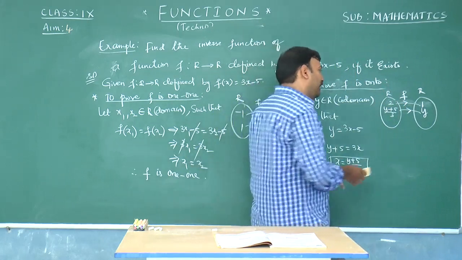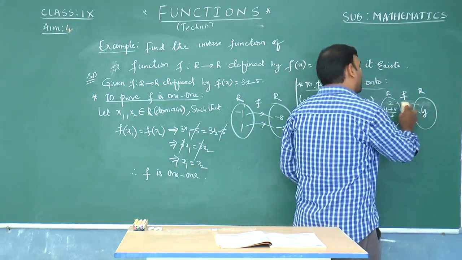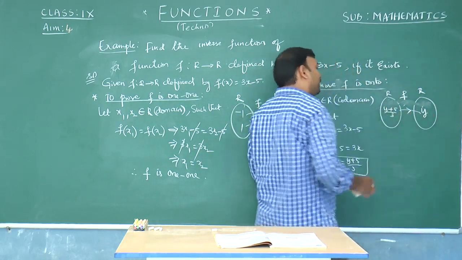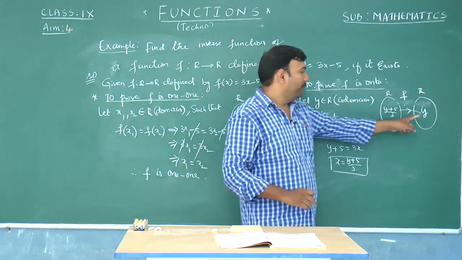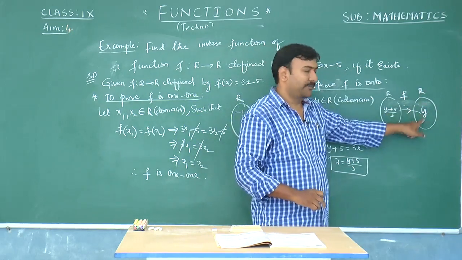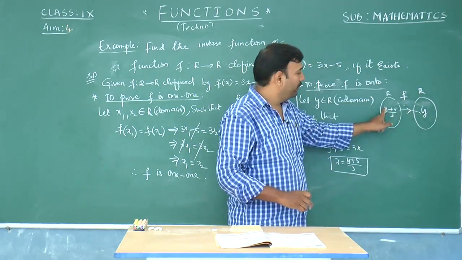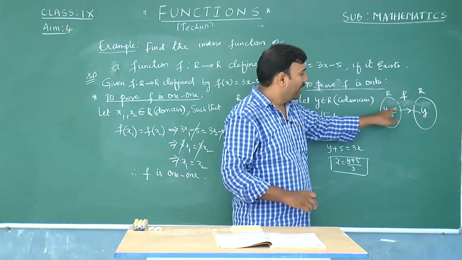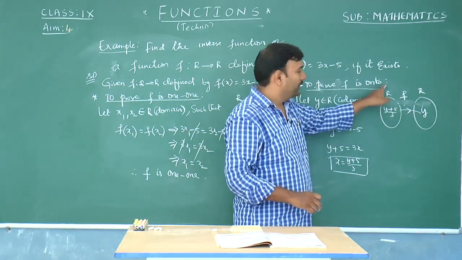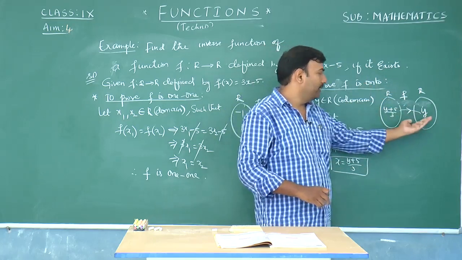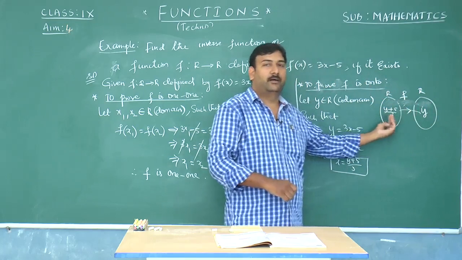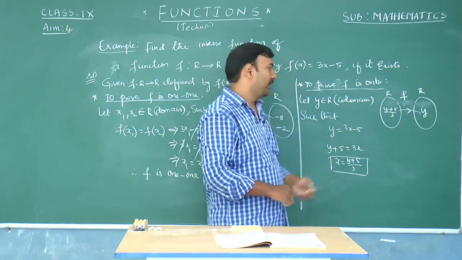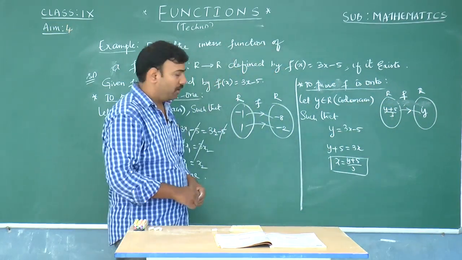If you can find the pre-image for every number you take, then obviously the function is going to be onto. Whatever real number you substitute, the pre-image of it is that number added with 5 and divided by 3, which again gives us a real number itself. So for every number you take from the codomain, we are going to have a pre-image. By this you can confirm that f is an onto function.